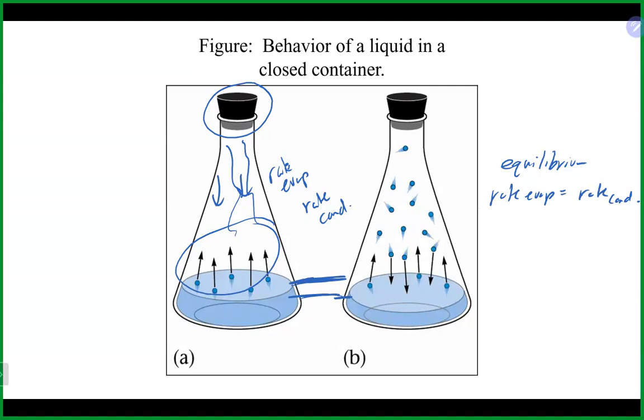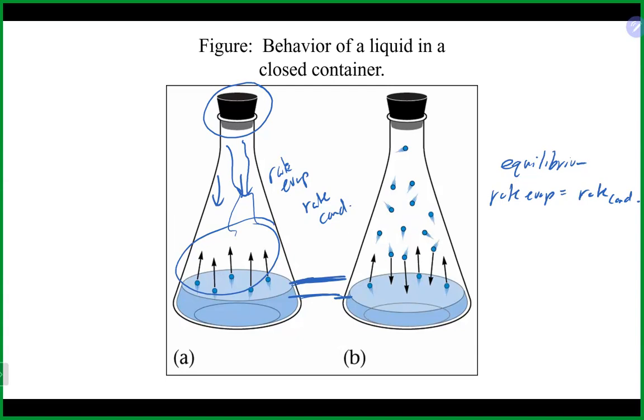When we reach equilibrium, it doesn't mean, as the name might imply, that you have equal amounts of liquid and gas. What it means is actually the rate. Just as fast as those molecules jump out of solution, the same amount are jumping back, so you have this rate going back and forth that equals each other.